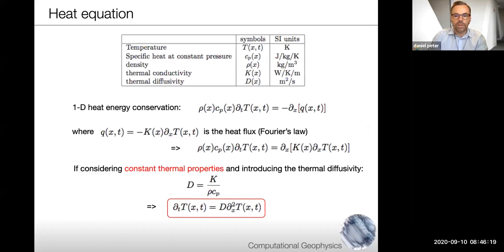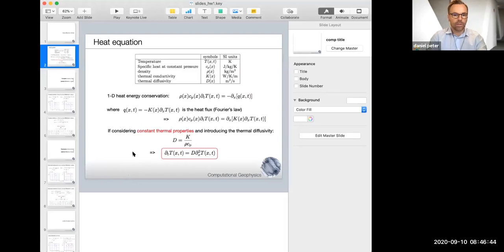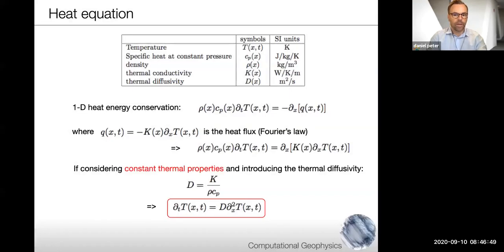So the homework for next week will be to solve the heat equation with finite difference schemes. We saw the schemes yesterday. And here is again the heat equation. And we can put terms a little bit together. I don't have a pointer.